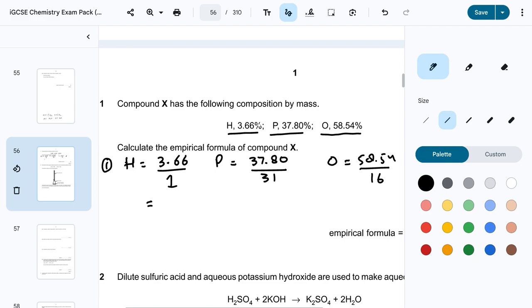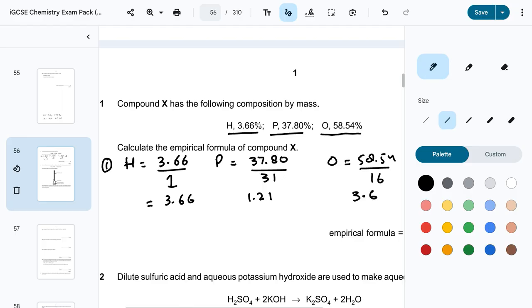When you divide 3.66 by 1, it is the same, 3.66, and when you divide 37.80 by 31, it will be 1.21, and for oxygen 58.54 divided by 16 is 3.6. So this is the first step.